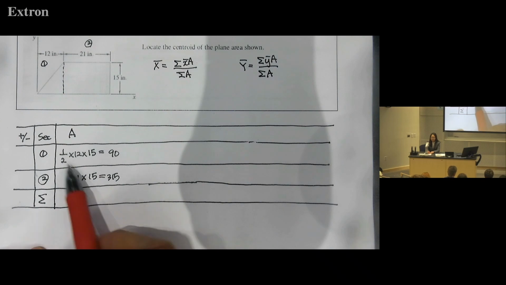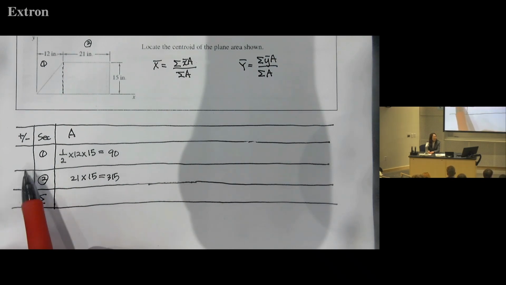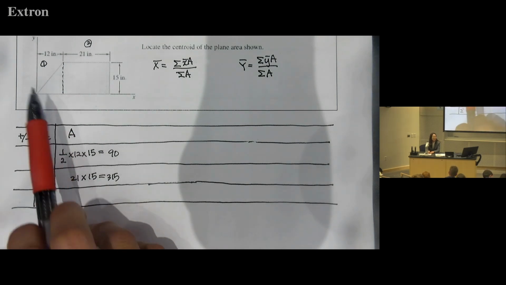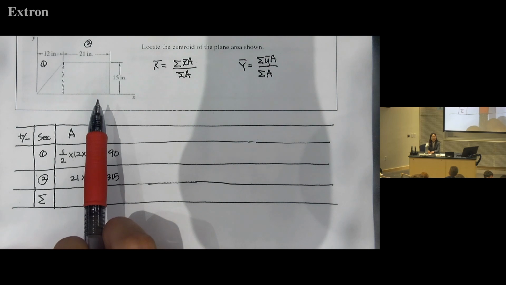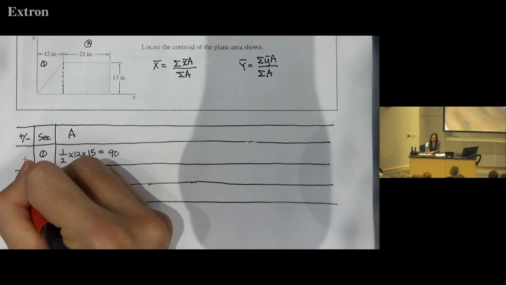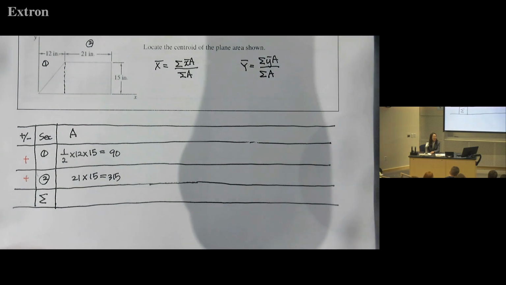And then about the first column, it is whether you add this area to make the entire composite shape, right? In this case, we are adding these two. So each of them has a plus sign. And then when you calculate the final area, you can sum these two up, right?